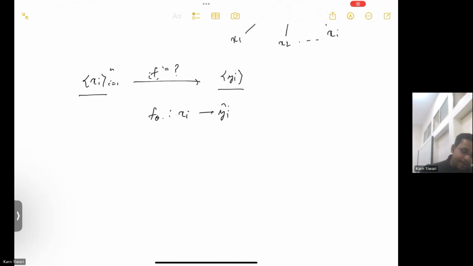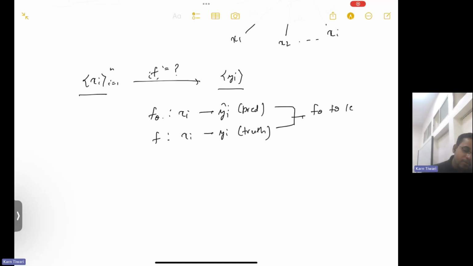And there is an underlying function f which gives y_i, the truth. Using these two, we want f_theta to learn about f. That is, f_theta should be as close to f as possible. This is the task.